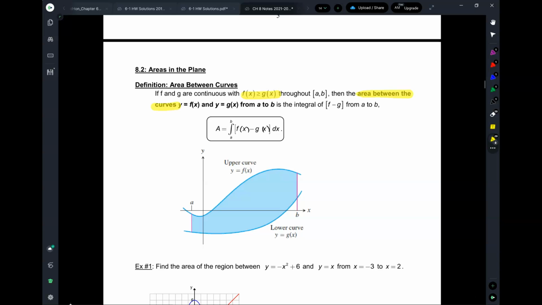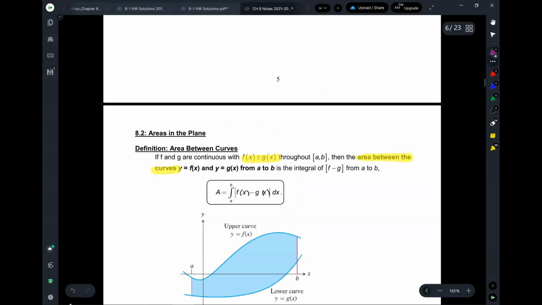Well, let's take a look. Suppose I have one curve like this. Okay, this is f of x. And now suppose there is another curve, g of x.